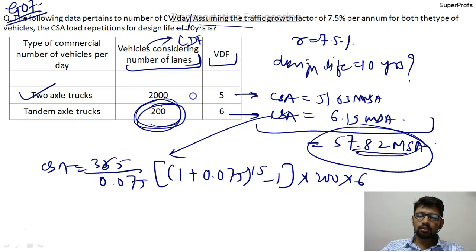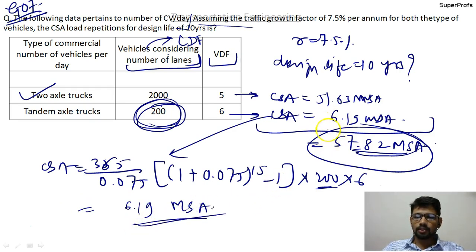Here they have already considered the lane distribution factor, so I have written 200 and not multiplied with any lane distribution factor. So the answer comes out to be 6.19 million standard axles. Similarly I calculated this 51.63, and the summation of these two is the answer to this question.